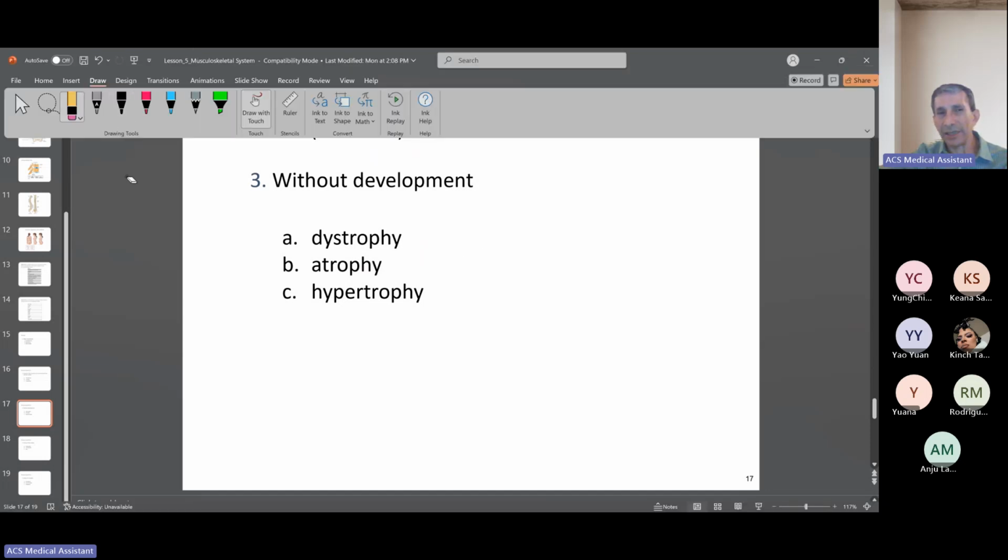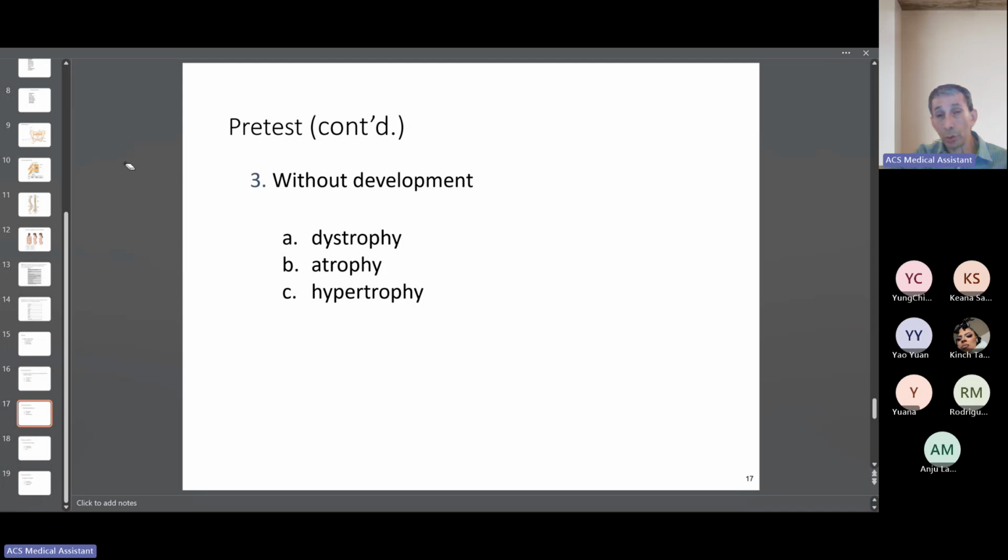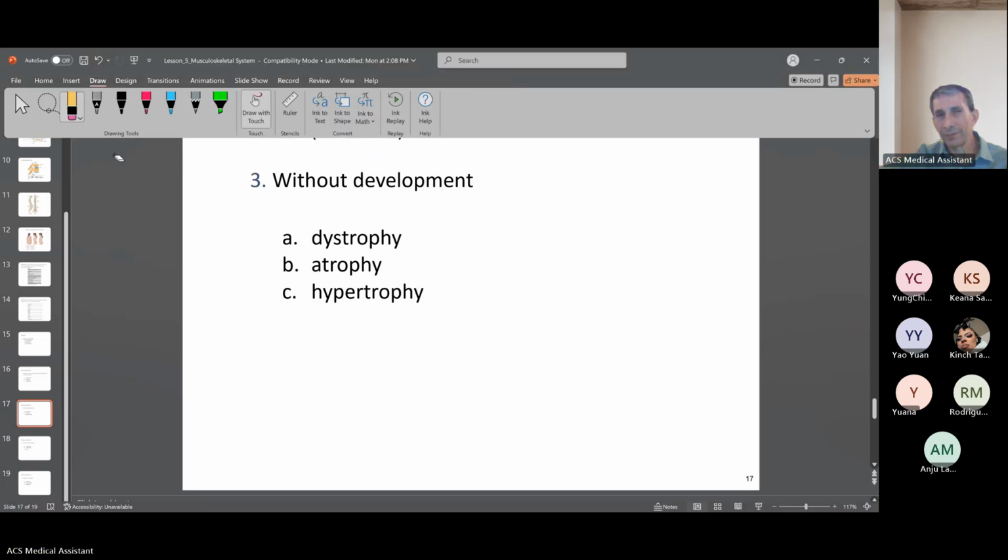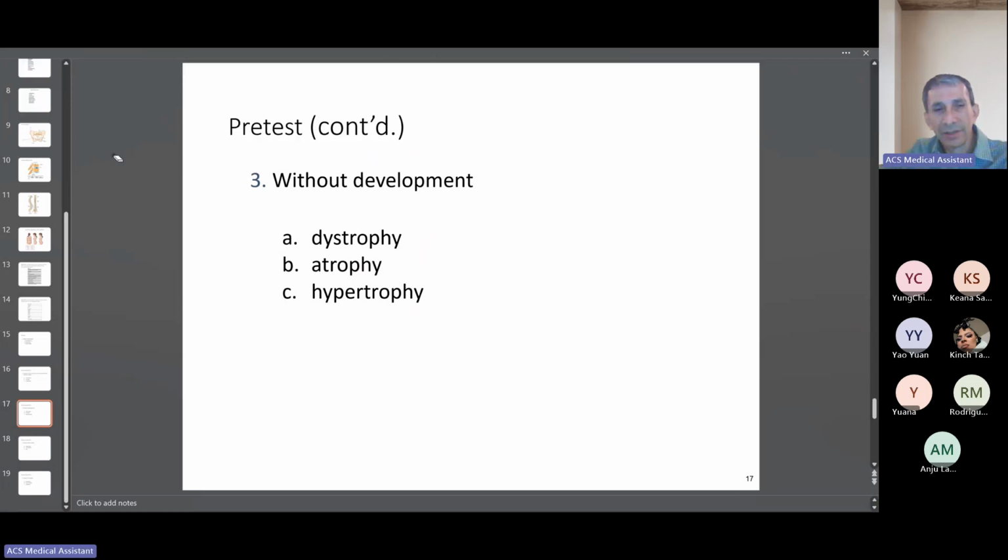So this is not going to be easy to get because you are getting used to these terms, particularly when you said without. If I put no development, it will be the same because these two terms are difficult, trophy and a put together. So no worries. Just try to remember because we are still in the process of learning.